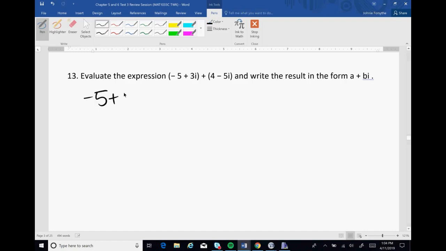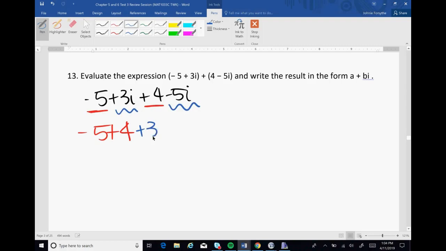So -5 plus 3i plus 4 minus 5i. So I have like terms with the -5 and the 4. So -5 plus 4. And then I have like terms with the 3i minus 5i.